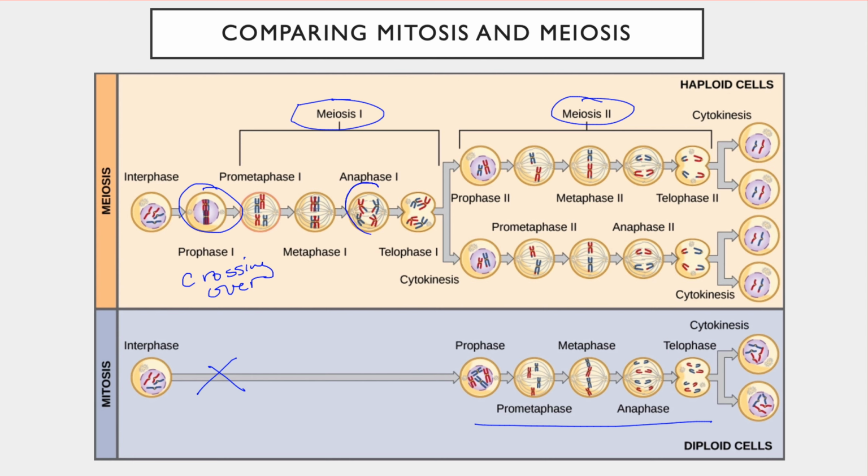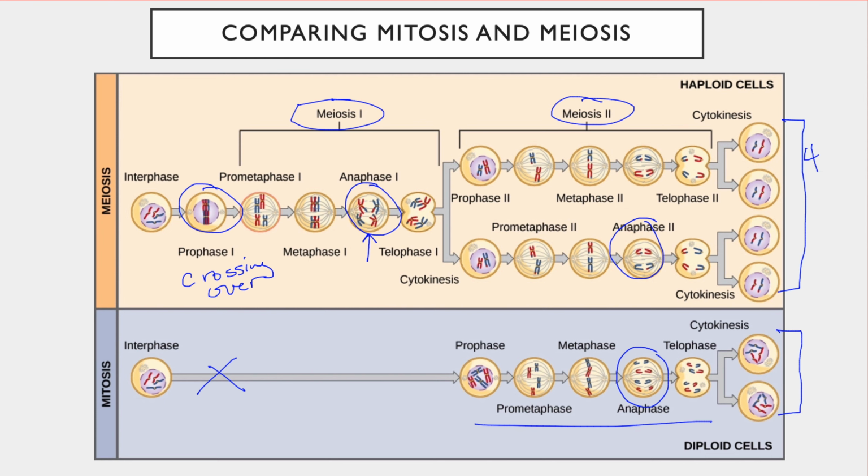Another important feature that is different about meiosis than mitosis is the separation of the pairs of homologous chromosomes in anaphase 1. Now, the separation of sister chromatids in anaphase 2 versus anaphase of mitosis is very similar, but the outcome of the entire mechanism from meiosis to mitosis is very different.